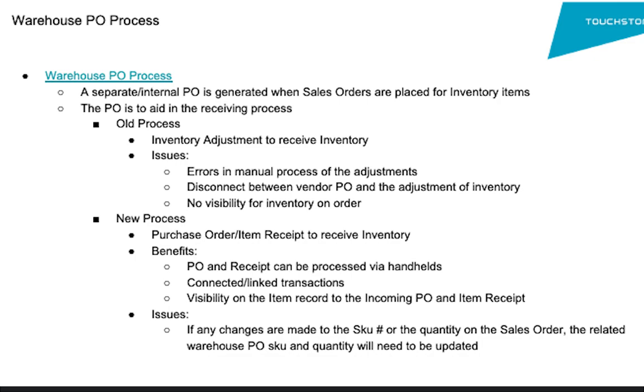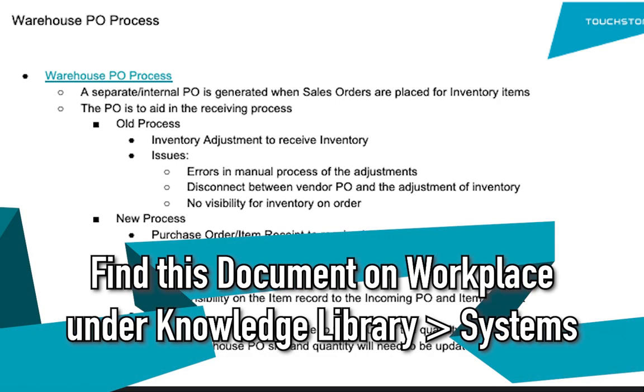So, ad hoc orders won't have this, but any inventory sales orders or purchase orders will have this kind of additional PO created so that our warehouse team can seamlessly, ideally, process the receipt of the inventory. There is a file that does kind of outline some of that I already shared on Workplace. So you can access that file for some quick information about the warehouse PO.